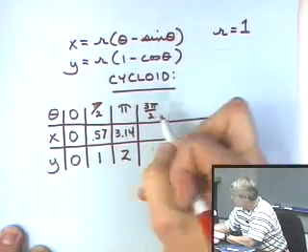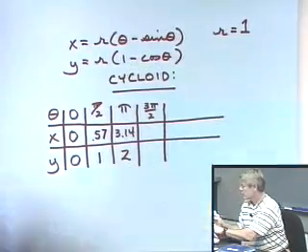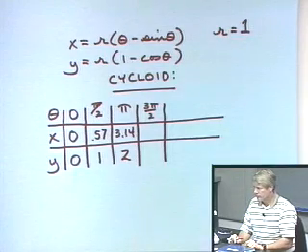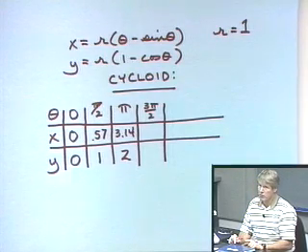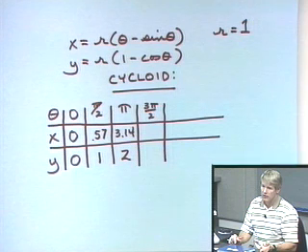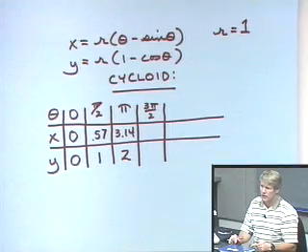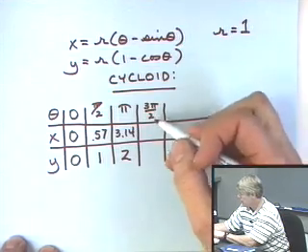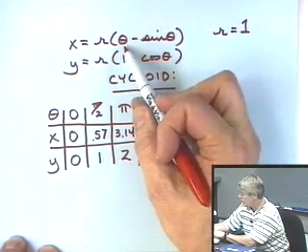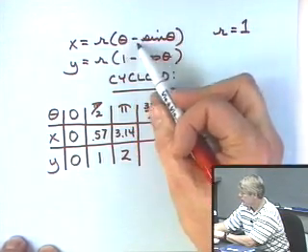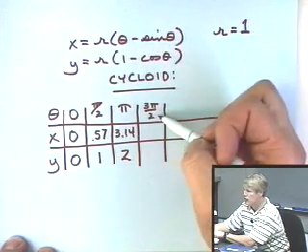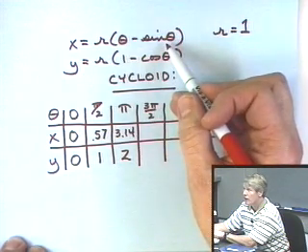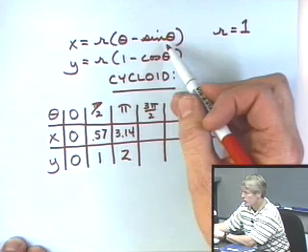Three pi over 2. 3 pi over 2, let's see, that'd be pi plus another half pi. 3.14 plus 1.57, what, 4.71 roughly? Check me on that. I'm not an arithmetician by any means. So that's 3 pi over 2, 4.71, minus the sine of 3 pi over 2. What's the sine of 3 pi over 2? Negative 1.